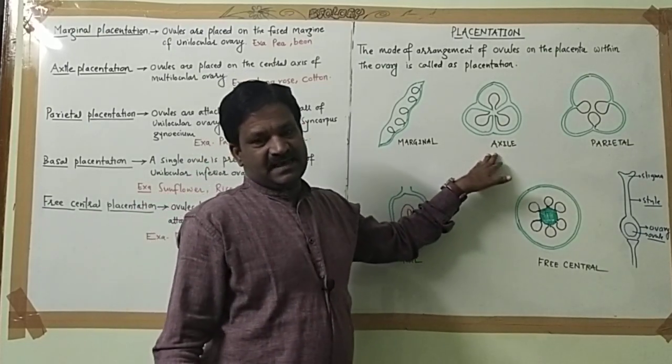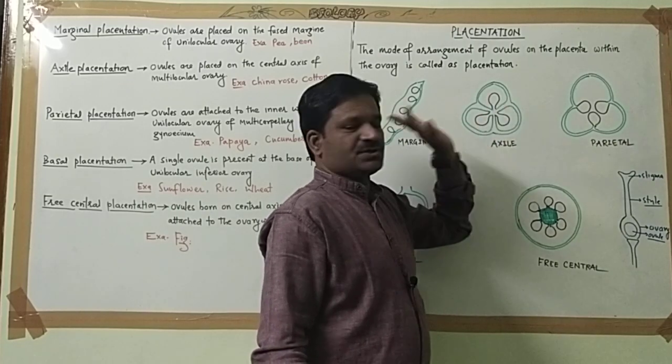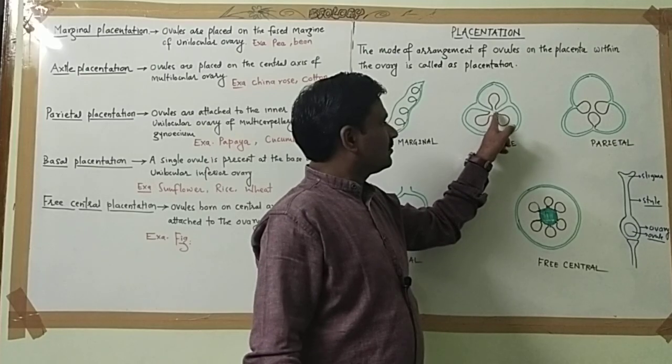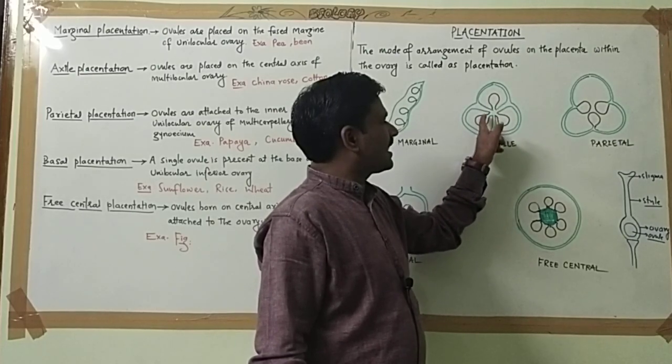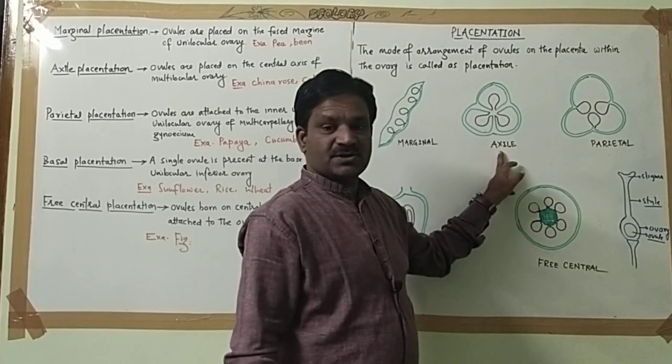Second one is the axial placentation, means here the ovules arise from the central axis. These three ovules arise from the central axis. That's why it is axial placentation.